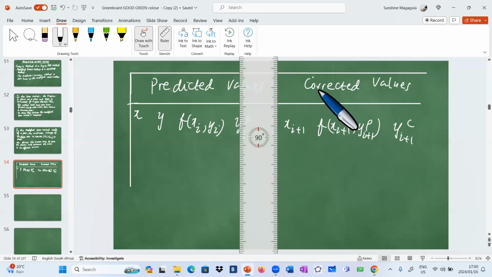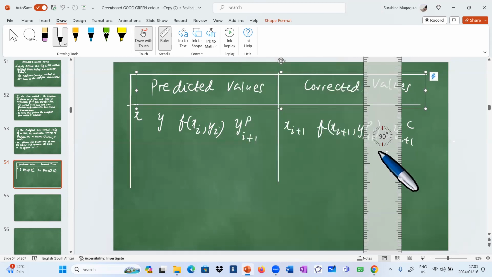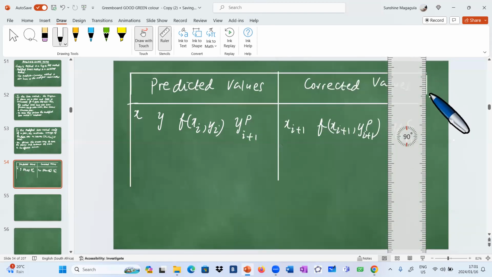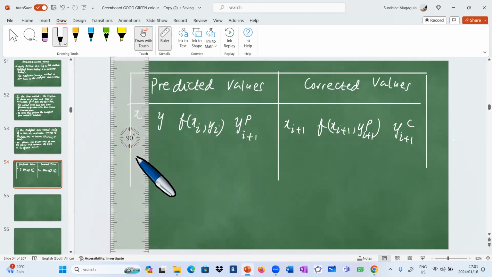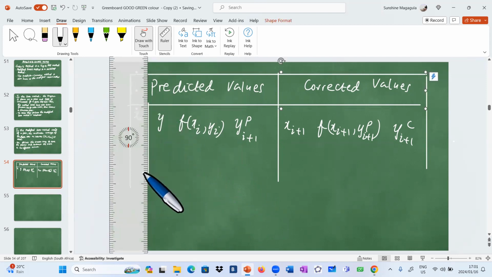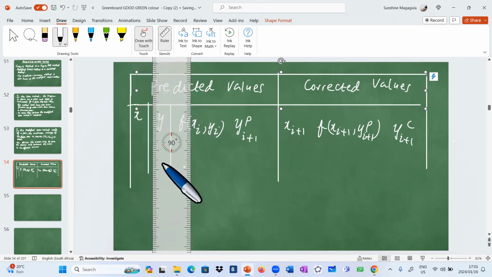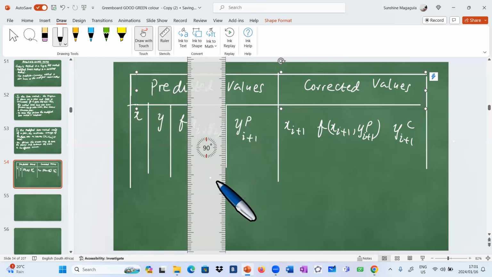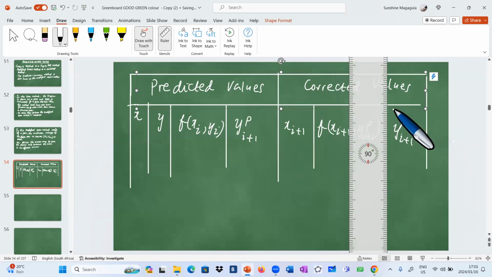We're going to have the predictor values on one side and the corrector values on the other, and then the rest of these here. The predictor values and the corrector values are put together, and then you're going to have the corrected values put together like so.